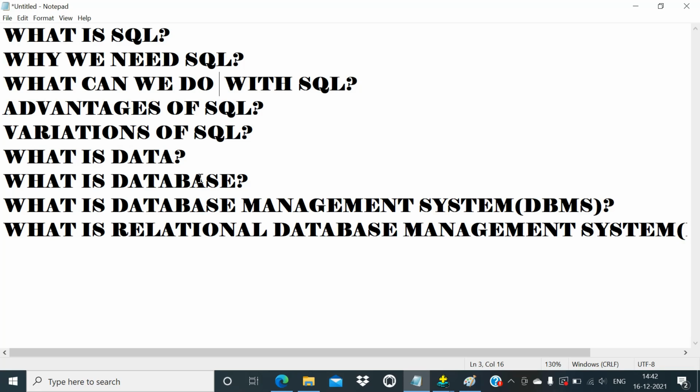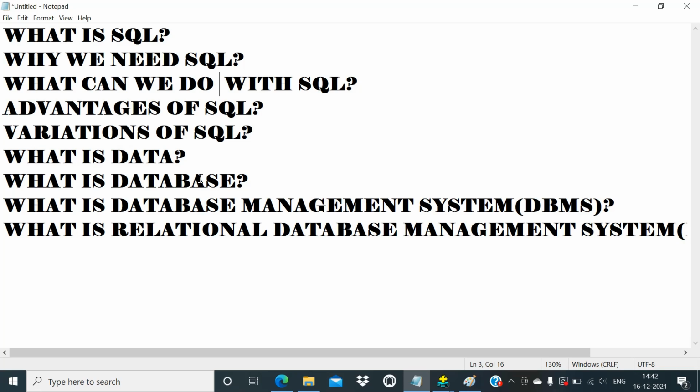So the main advantages of SQL are high speed, no coding is needed, a well-defined standard language. It is a very interactive language and has multiple data views. These are all the advantages of SQL.